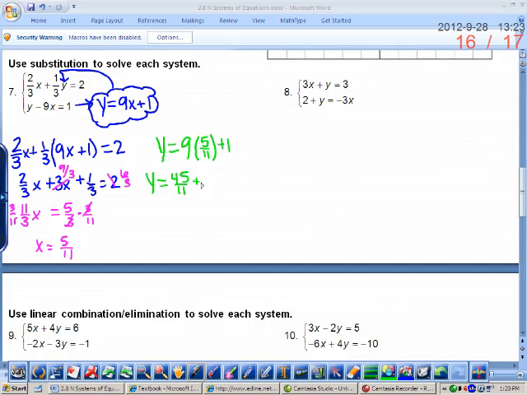Okay. How could I rewrite 1? 11/11. So 45/11 plus 11/11. All right. So then I'm going to write my answer as a solution point. 5/11, comma, 56/11.